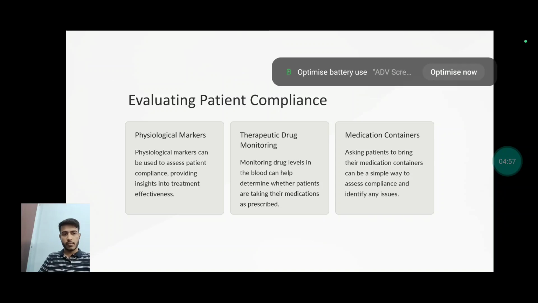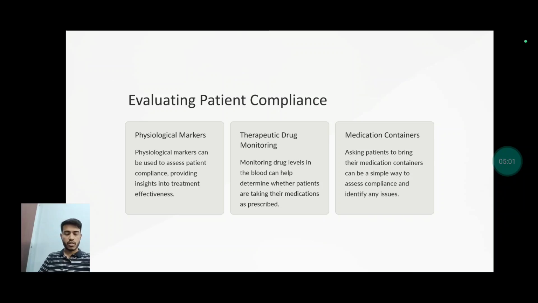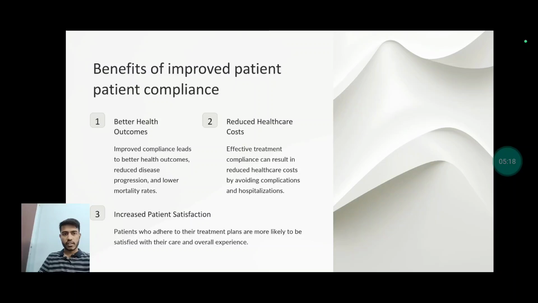It can help to determine whether patients are taking their prescription as prescribed or not. And thirdly, medication containers. Asking patients to bring their medication containers can be an easier way to assess compliance and identify any issues. These are the three methods which can be used to evaluate patient compliance.